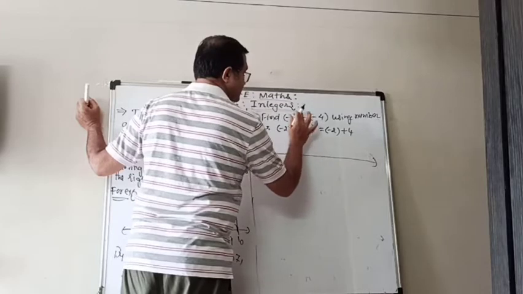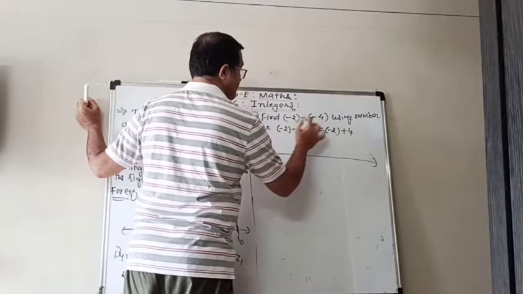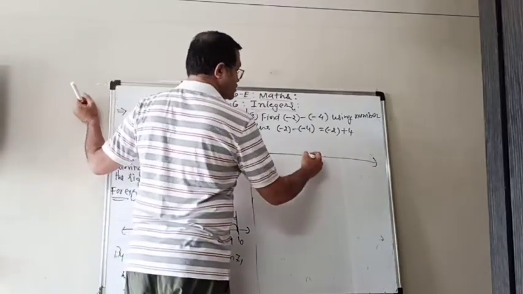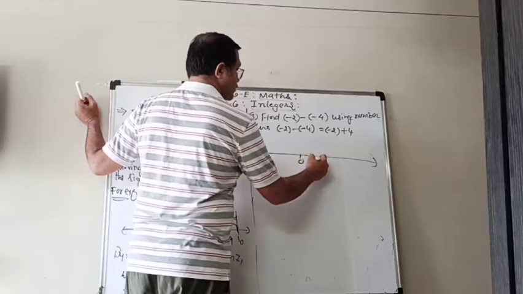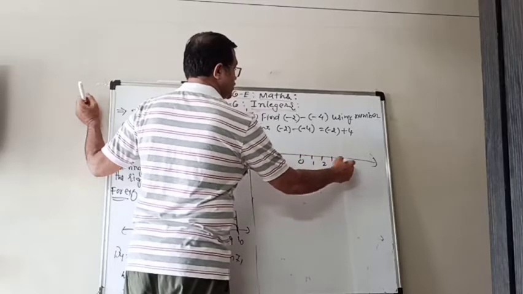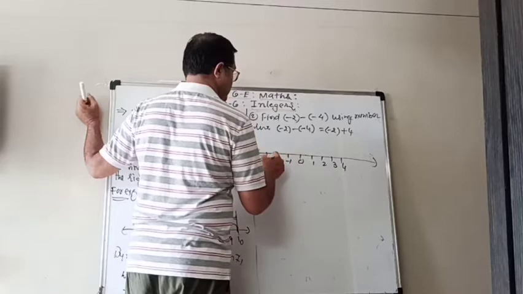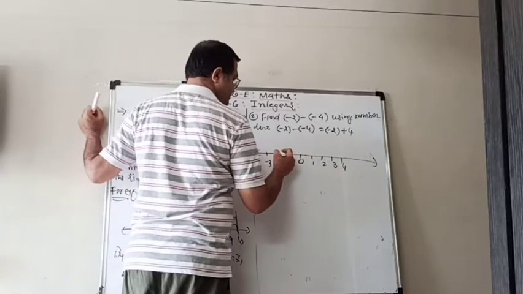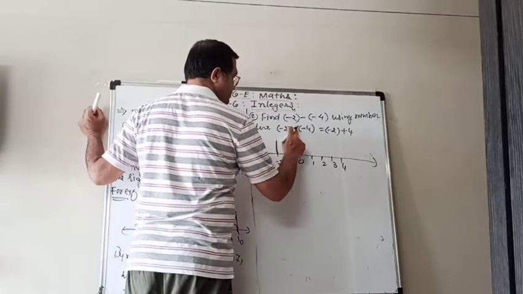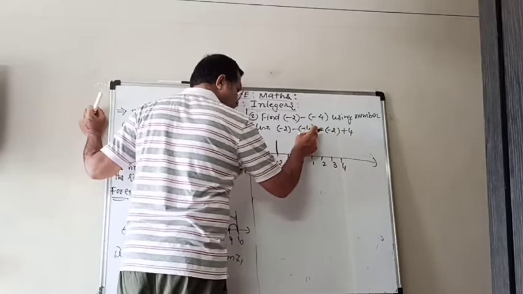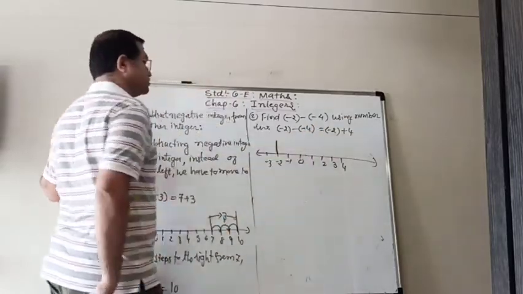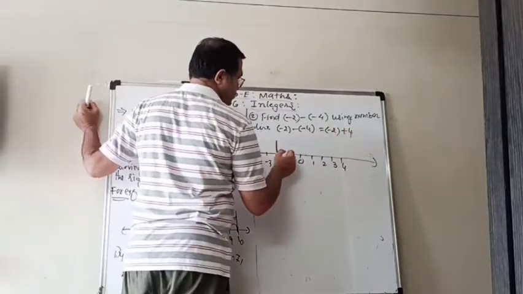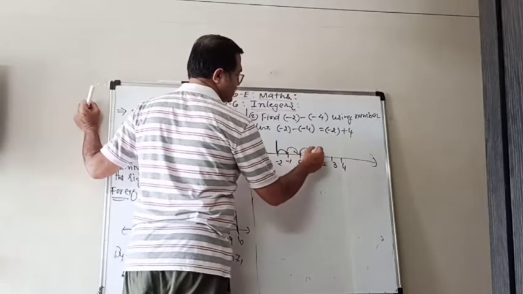So we are not subtracting but adding. So on the number line, 0, 1, 2, 3, 4, minus 1, minus 2, minus 3. Now we have to start from minus 2. We are subtracting a negative integer, so not on the left, but we have to move to the right side. How many? 4 steps. So 1, 2, 3 and 4.